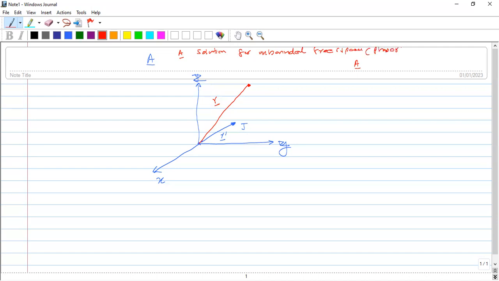That means the time should be there; both time and position should be there, but we get it in phasor domain, so the time variable is not included in this expression. Our solution is in phasor domain for unbounded free space.